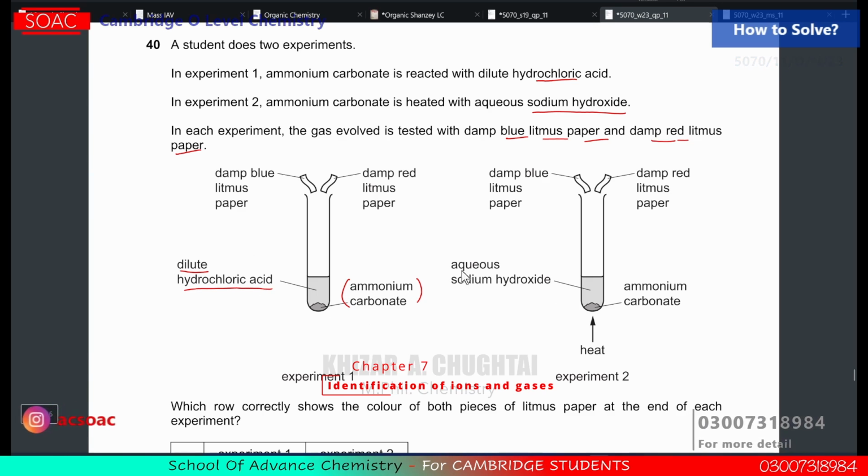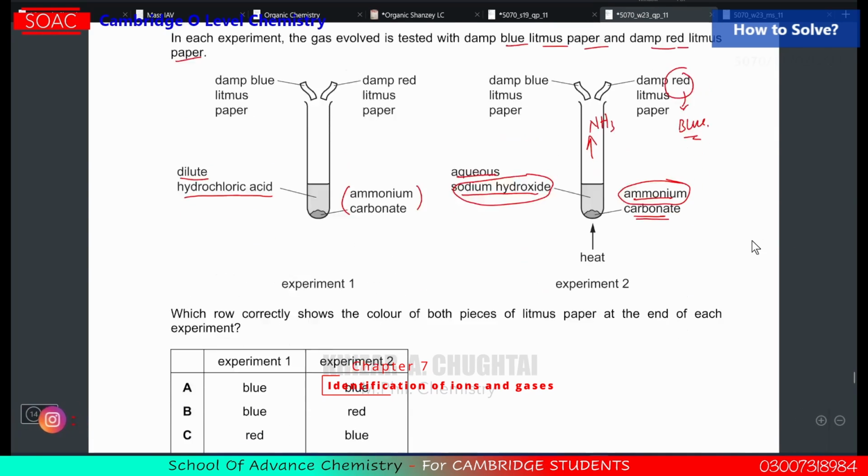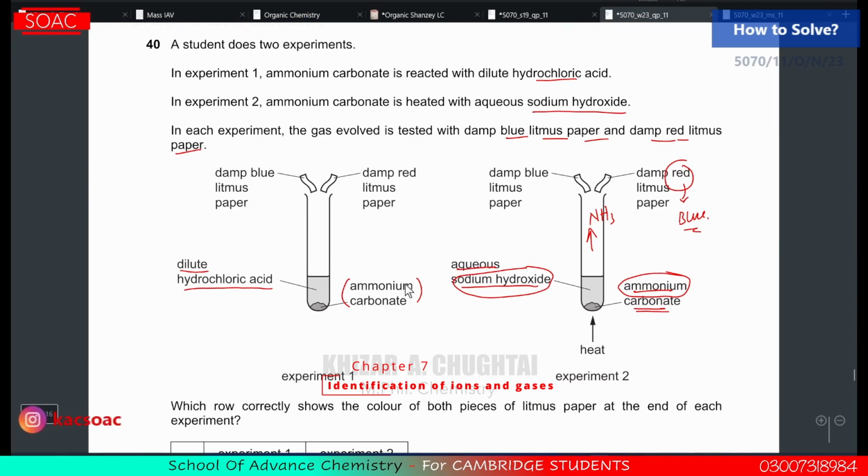In the second case, aqueous sodium hydroxide and ammonium carbonate react. As it's an ammonium compound and this is sodium hydroxide, they will react to make ammonia gas. NH3 gas will come out, and it turns red litmus paper blue. In the first case, dilute hydrochloric acid reacts with carbonate to make CO2 gas.